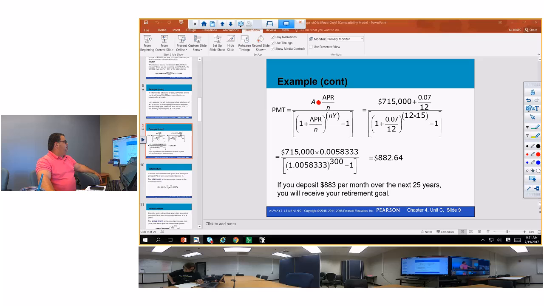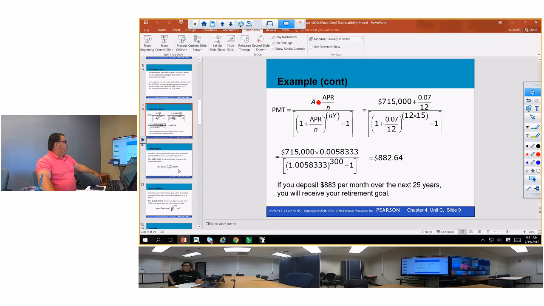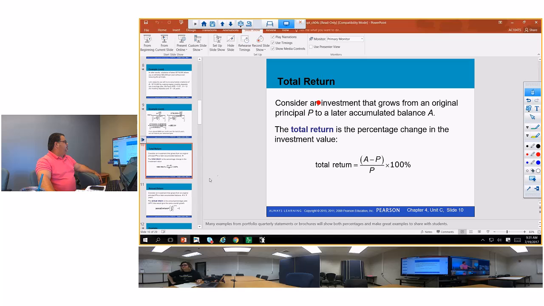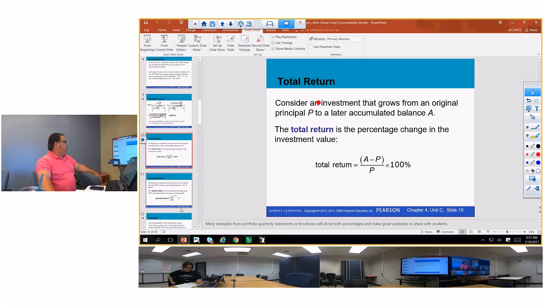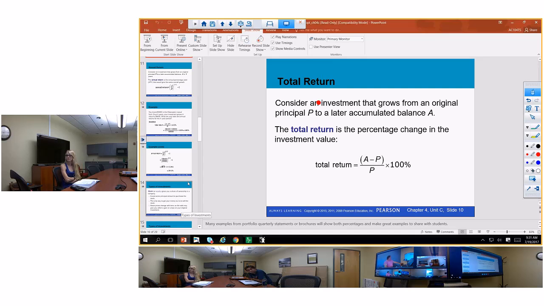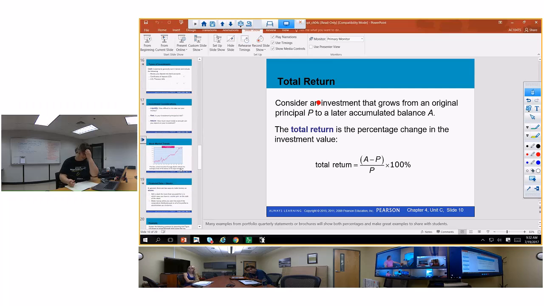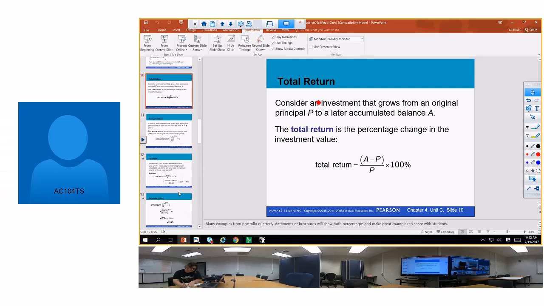The other, make sure you know how to do new minus old over new. And that's it. That's the most mathematical.